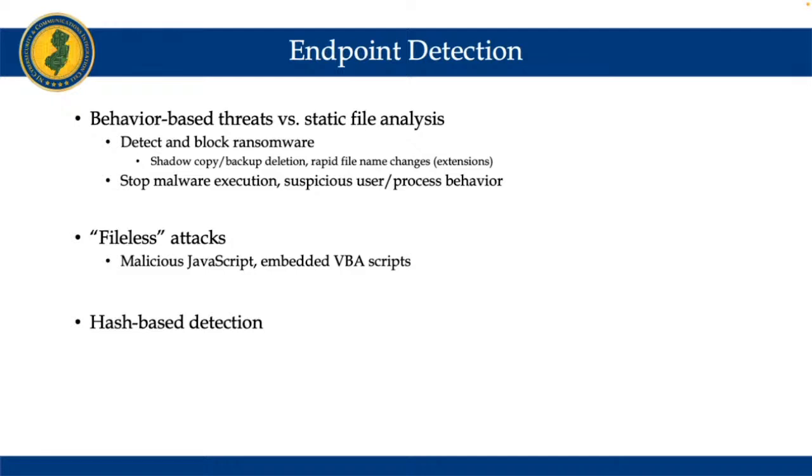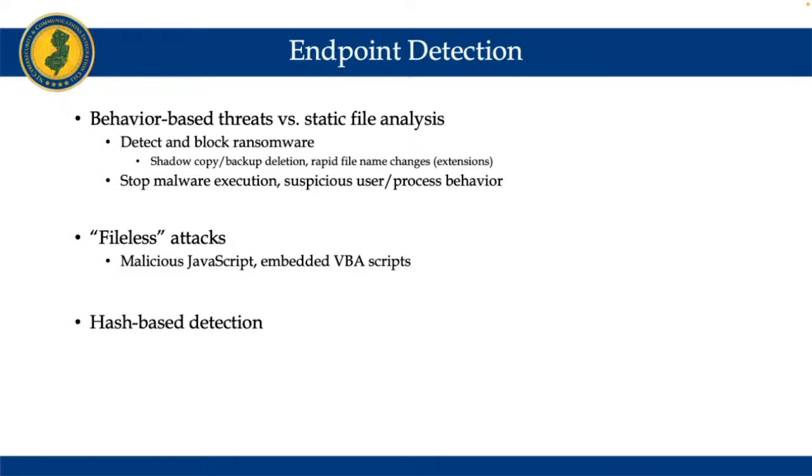So endpoint detection solutions will look at file behavior or executable behavior and ignore everything else about that executable. So it doesn't really care about its previous reputation. It cares only about its current behavior at any particular time. So because of this behavior-based analysis, EDR solutions can detect and block ransomware.